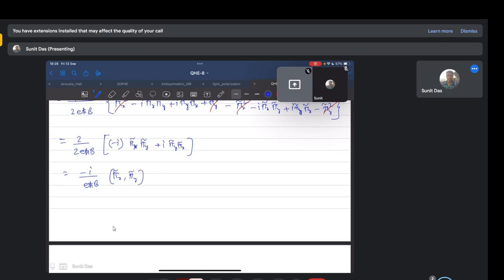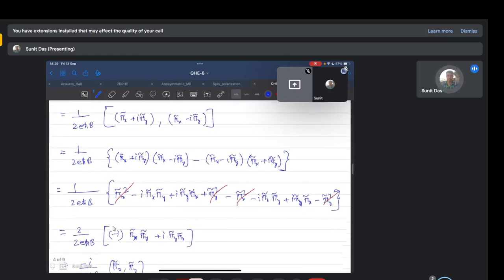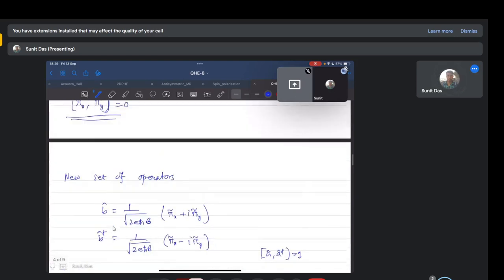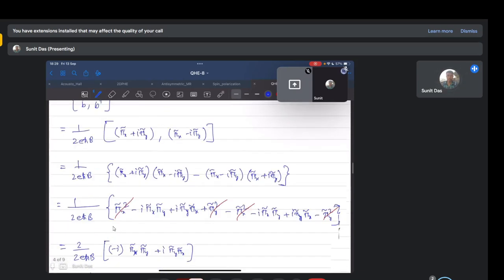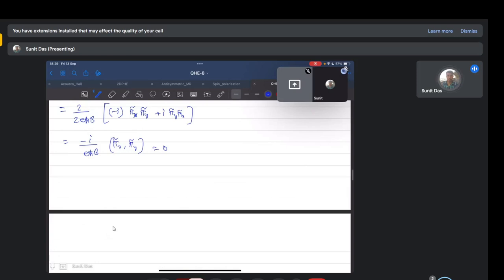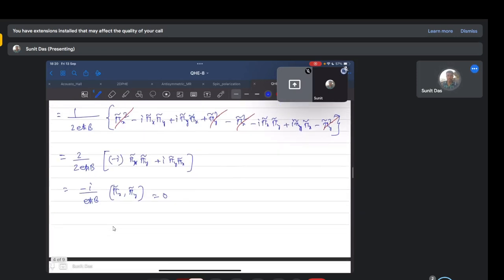Okay. Now what we have seen is that π_x tilde and π_y tilde basically commute here. So from this we can also say this is 0. Okay, so this is not equal to 1, but this is 0.